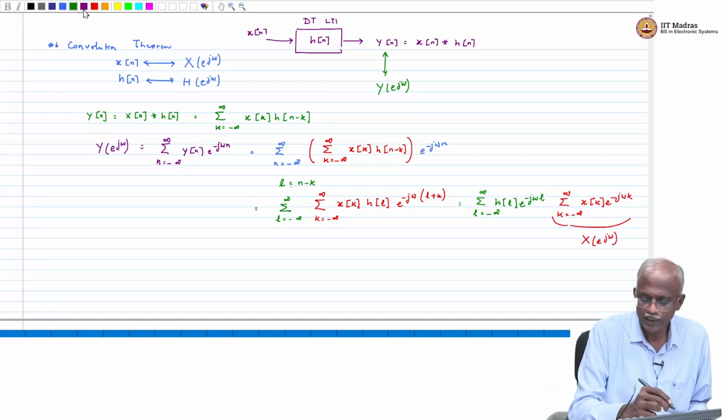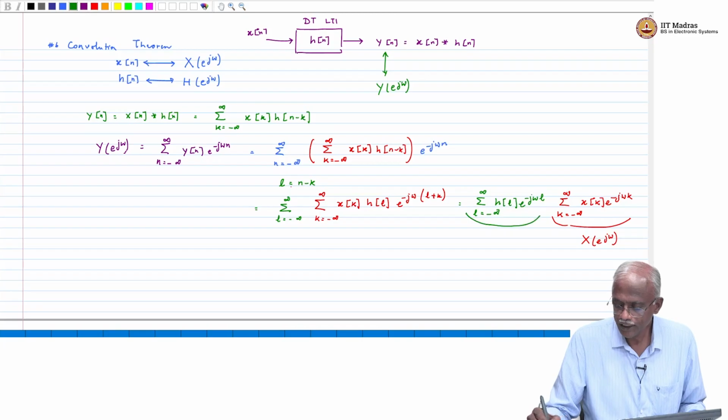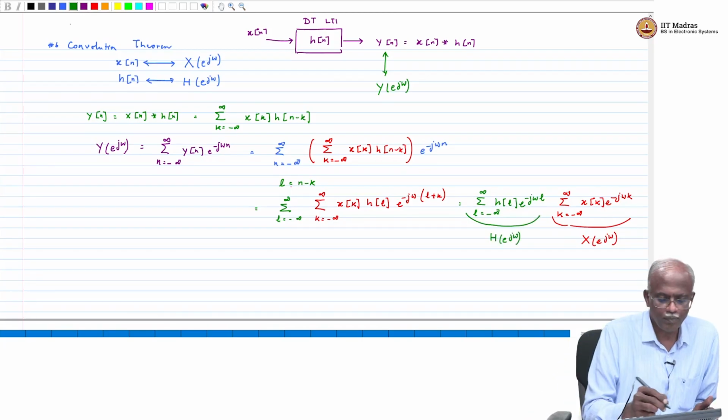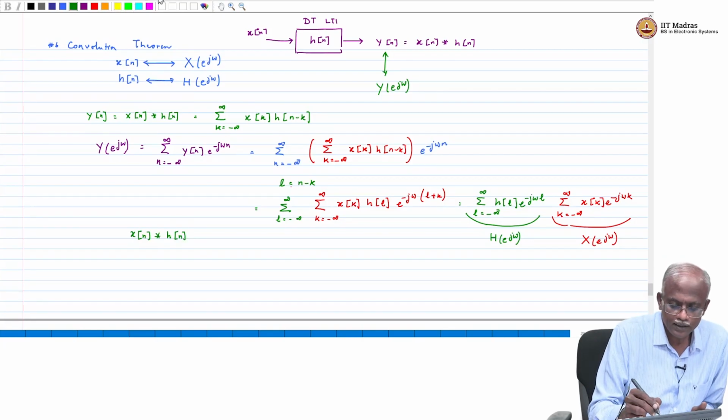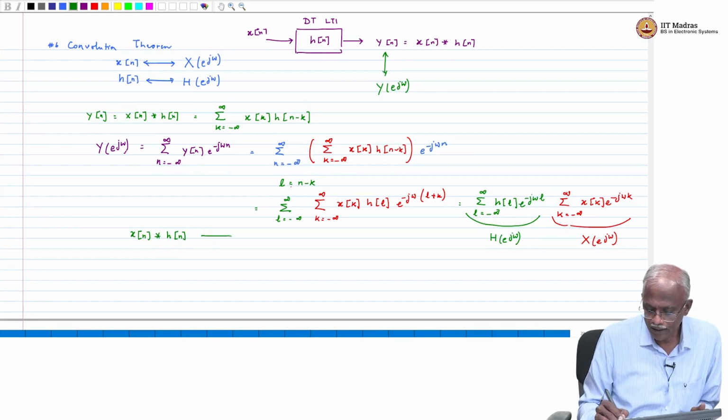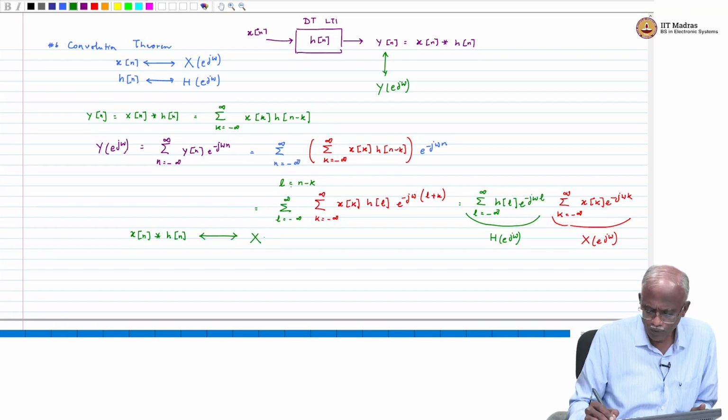The first term is H e of j omega, giving us an extremely powerful result, which says that if I convolve x of n with h of n, then I get a discrete time Fourier transform given by X e of j omega times H e of j omega.